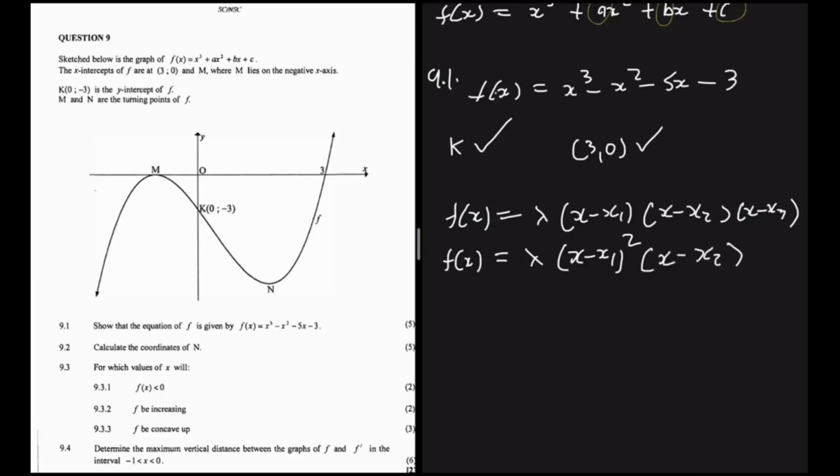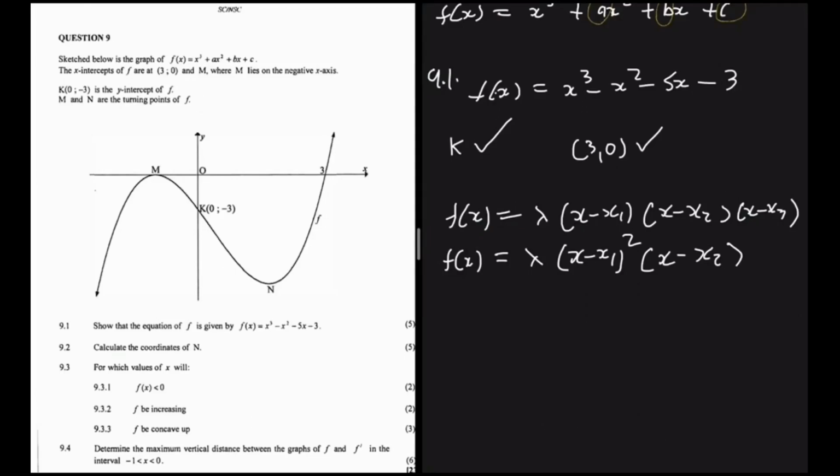So now the question becomes, which intercept do we square? We square the intercept that is also the turning point, because for you to have 2 intercepts, you will need 1 intercept to also be a turning point. So if we do that, then we can try and solve our equation.